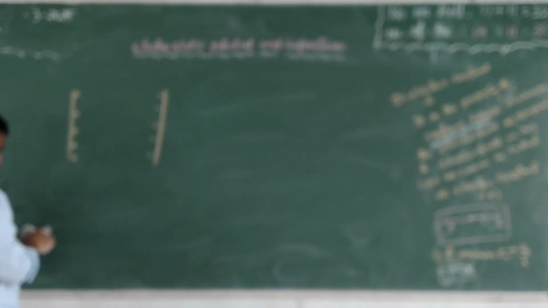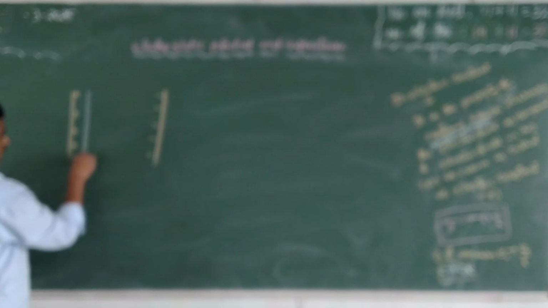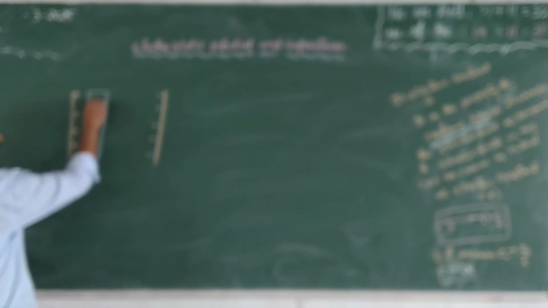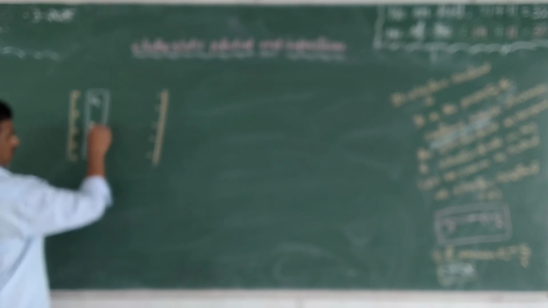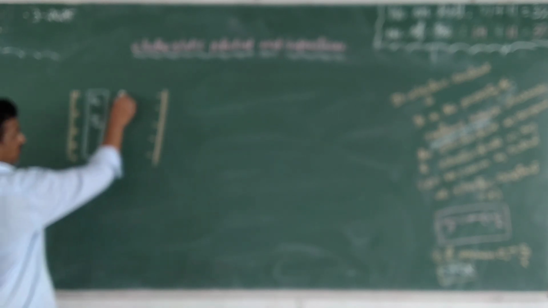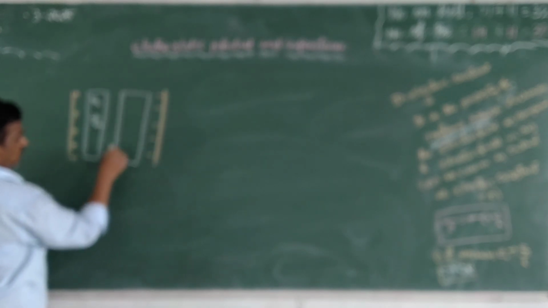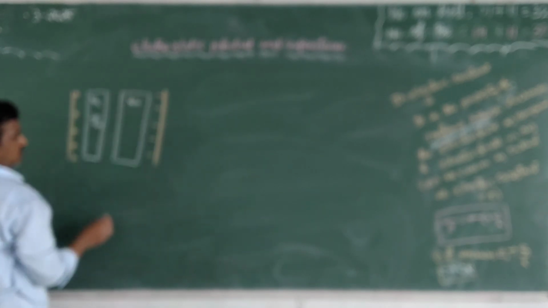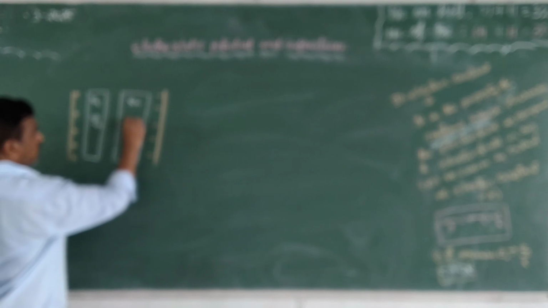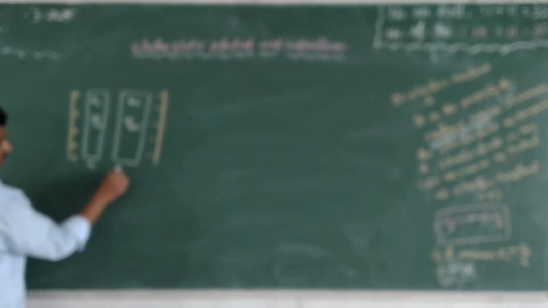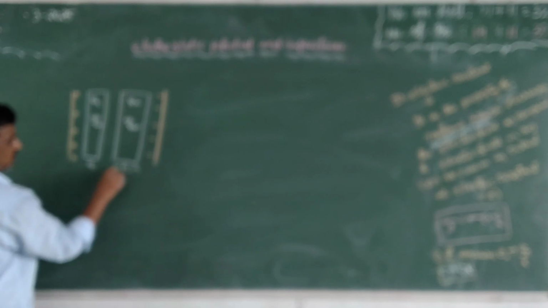Two plates are placed, and two dielectrics are placed. The first has dielectric constant K1, so the electric field is E naught by K1. Another dielectric has dielectric constant K2, so the electric field is E naught by K2. Its thickness is T1, this thickness is T2, and the total is D.